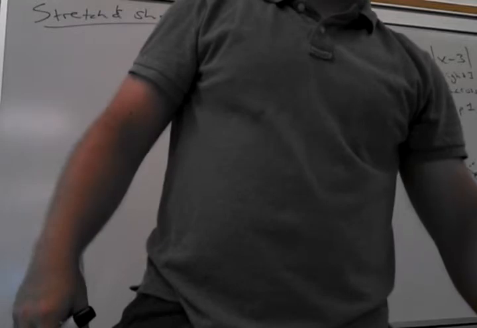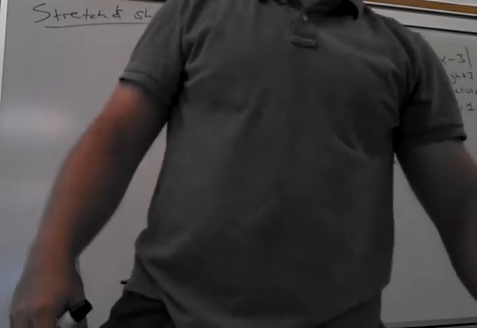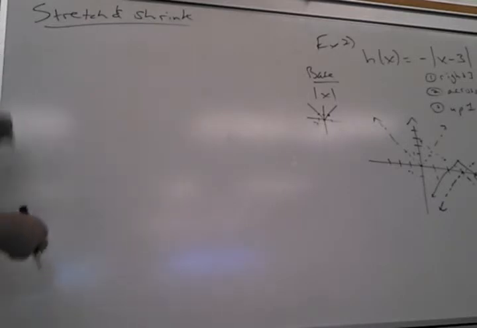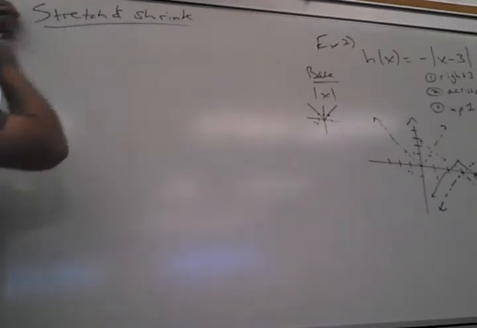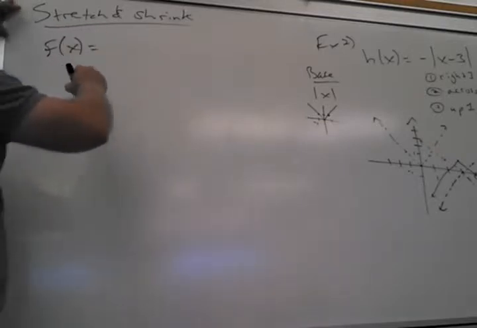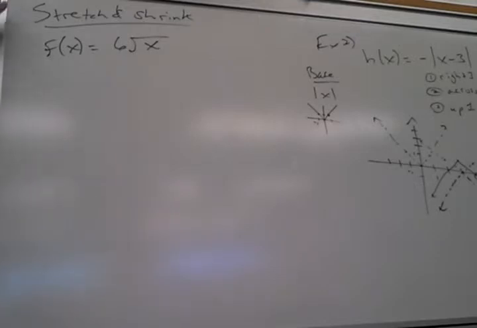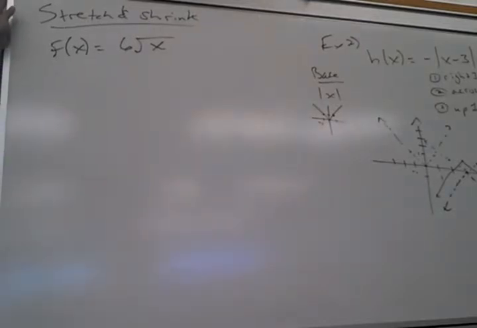And what are the instructions? I'm supposed to describe how the function changes. But let me start with something specific. We'll incorporate your 6. Don't worry, the f of x, I made it specific. The f of x here is square root of x.